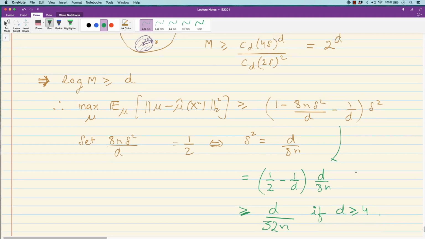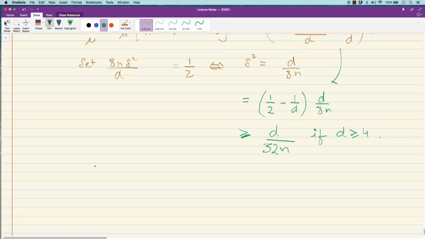So very interesting, this bound holds no matter what mu hat you have, and therefore it holds also for the minimizing mu hat. So for the minimizing mu hat, min over mu hat, max over mu, that's the quantity we were after, of the loss of mu minus mu hat xn.